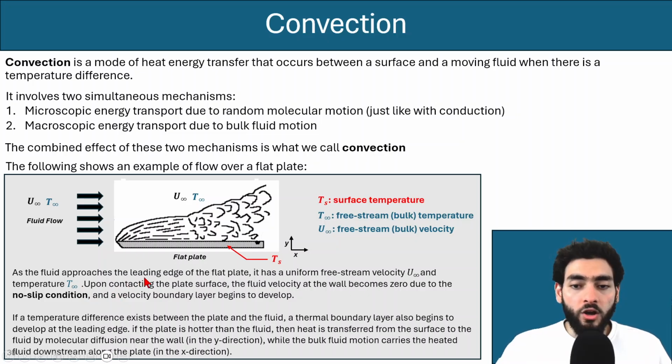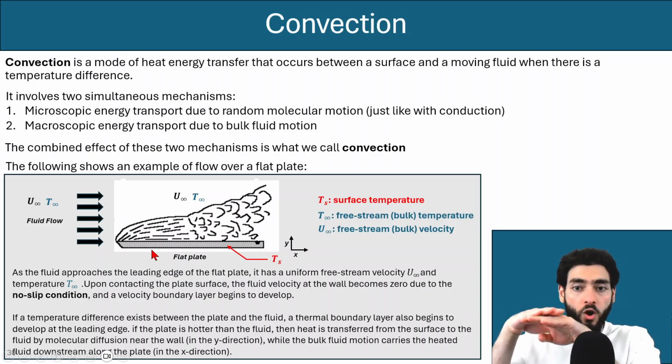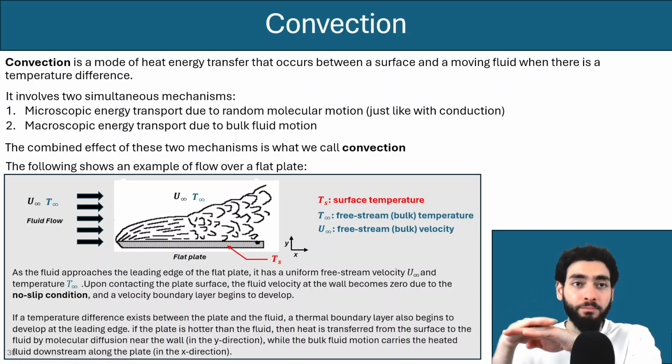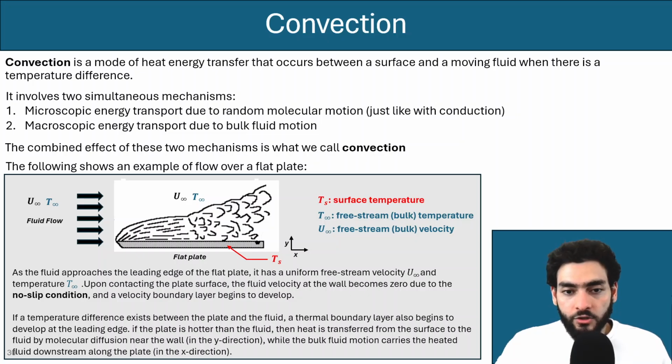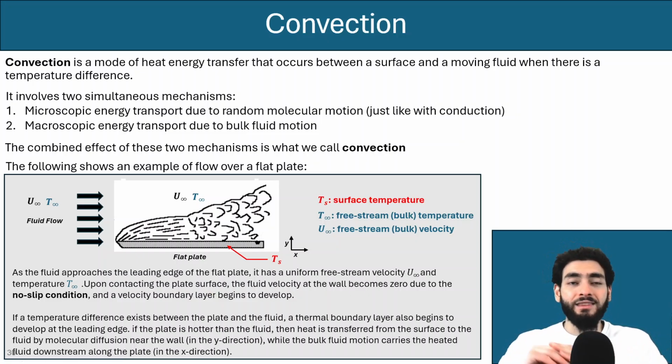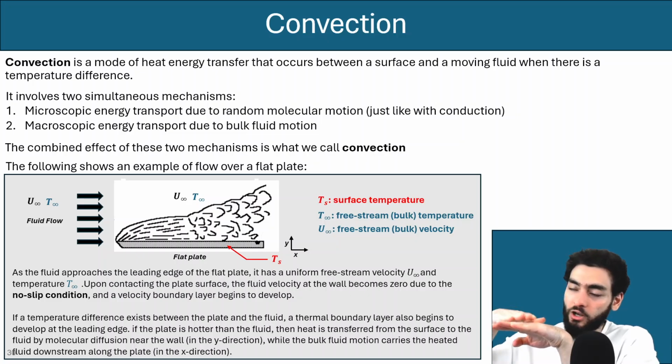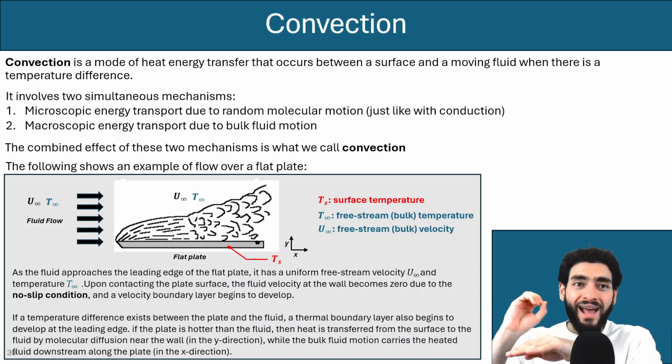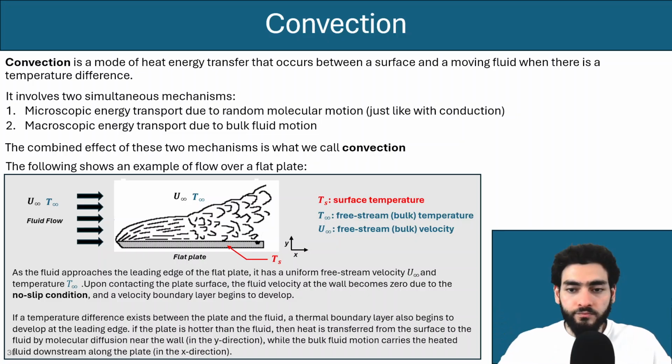Upon contacting the plate surface, the fluid velocity at the wall, just above the flat plate, becomes zero, because we know from fluid mechanics there is something called the no-slip condition. The no-slip condition means that the fluid in contact with the wall has a velocity of zero.